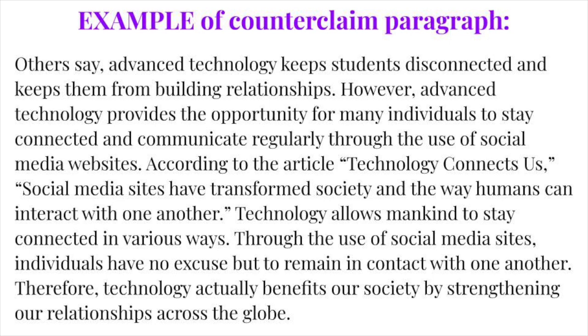Technology allows mankind to stay connected in various ways. Through the use of social media sites, individuals have no excuse but to remain in contact with one another. Therefore, technology actually benefits our society by strengthening our relationships across the globe. So these are all those simple sentences for examples I used and now put together to make one complete counterclaim paragraph.